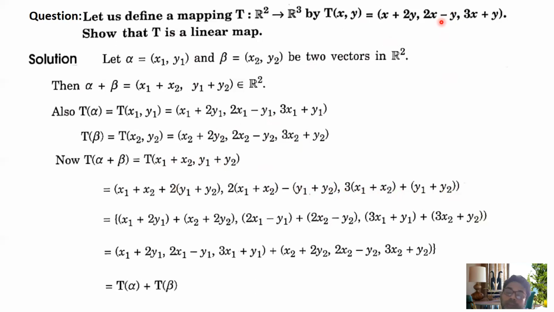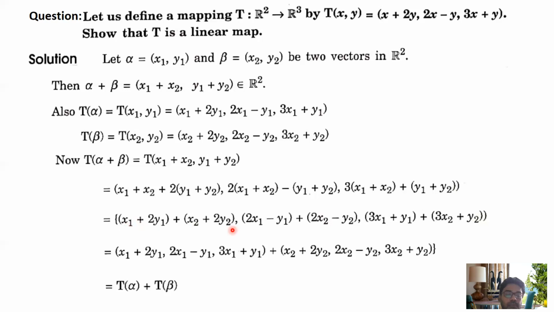Now you separate the x1, y1 components and the x2, y2 components: (x1 plus 2y1) plus (x2 plus 2y2), (2x1 minus y1) plus (2x2 minus y2), (3x1 plus y1) plus (3x2 plus y2). So from this relation you have this expression. Here we just separate x1, y1 and x2, y2.